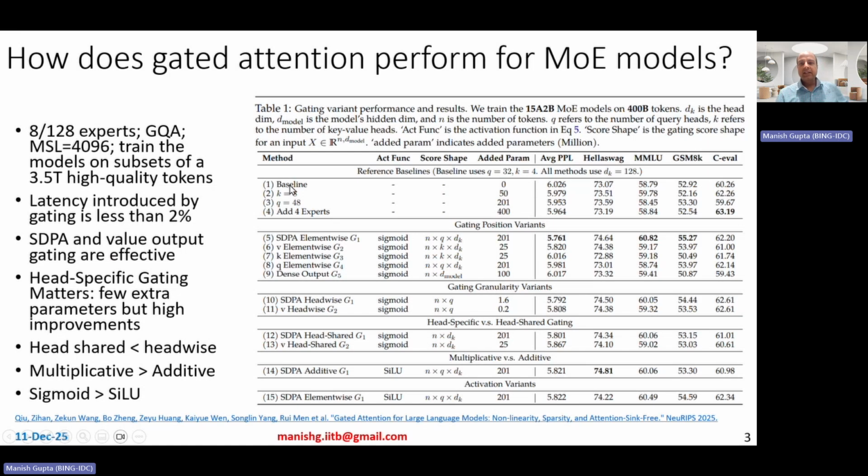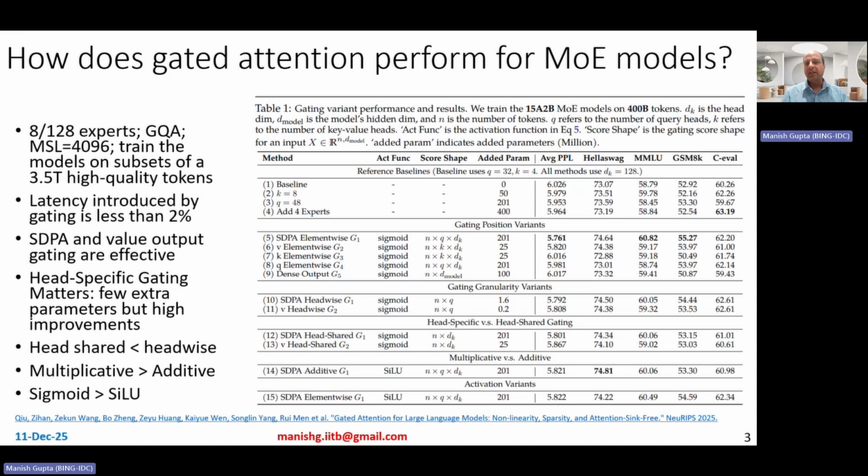The baseline here is the baseline mixture of experts model, which uses, I think, 32 different query heads, and it uses 4 key heads, right?